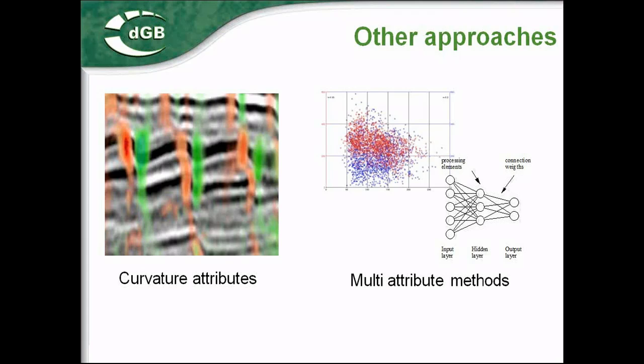So other approaches fall into two categories. One is using other attributes. Mainly curvature attributes are very good for highlighting faulting too, especially in those situations I mentioned earlier where discontinuity fails.